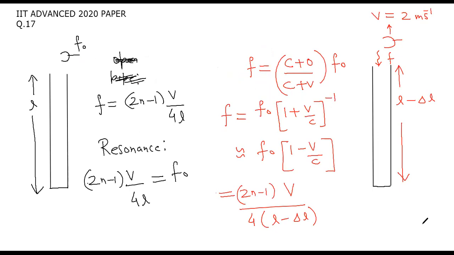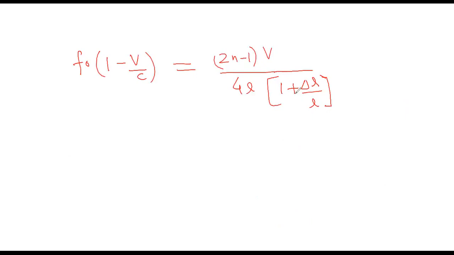Also, please note that the frequency of the tuning fork has decreased, so the frequency of oscillations in the pipe should also decrease, and therefore I will take it as L plus delta L. Let me make it more clear.